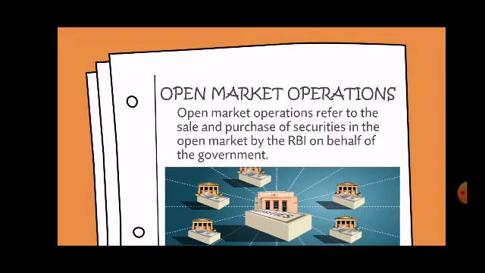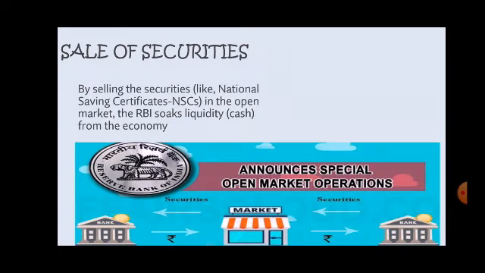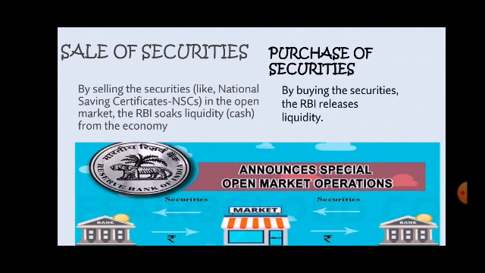Basically, it refers to the sale and purchase of government securities in the open market by RBI on behalf of the government. So, when RBI sells securities in the open market, it soaks liquidity from the economy and thus reduces the money supply. Whereas, if RBI purchases securities from the market, then it releases liquidity in the market and hence increases the money supply.